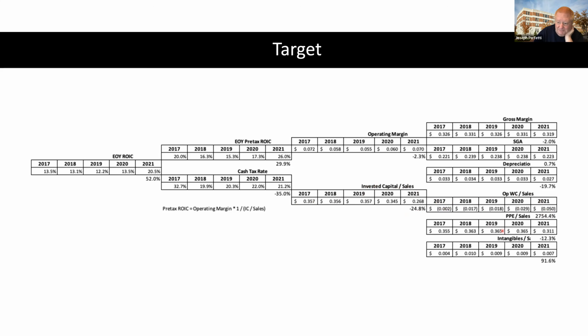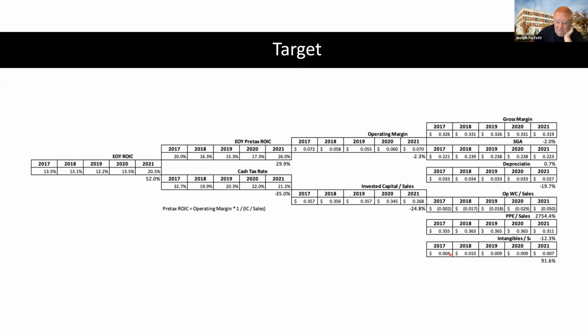The other half is PP&E to sales, which went from 35.5 to 31.1. So they got 4.4 cents in PP&E and 5 cents in working capital. Those together were really this 35.8 minus 26.8, the 9 cents of invested capital to sales improvement.